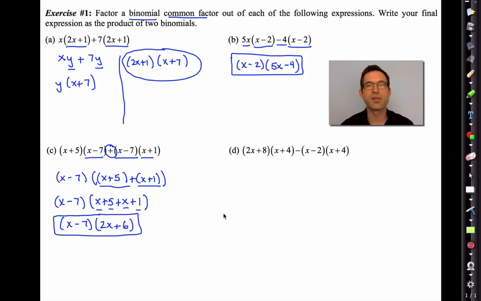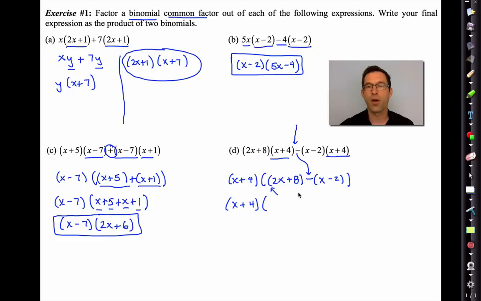The hardest ones like this, as you've seen before, are ones that involve a subtraction right here. Let's take a look at why that's a little bit tough. If I pull that x plus 4 out, I'm going to keep with this parentheses business. That x plus 4 was multiplying 2x plus 8, but it was also multiplying x minus 2. Here's where we really have to watch ourselves, because in this case, these parentheses aren't doing anything.